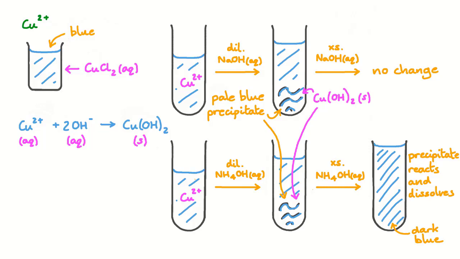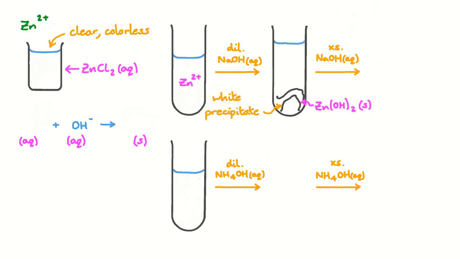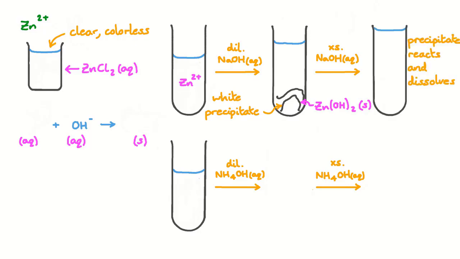Next up, we have the last of our metal cations. Solutions of zinc chloride are colourless. Adding a dilute solution of sodium hydroxide to a solution of Zn2+ ions will produce a white precipitate of zinc hydroxide. With excess sodium hydroxide solution, the precipitate will react and dissolve.